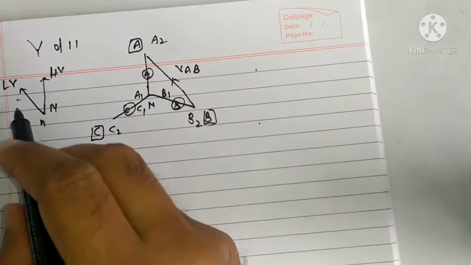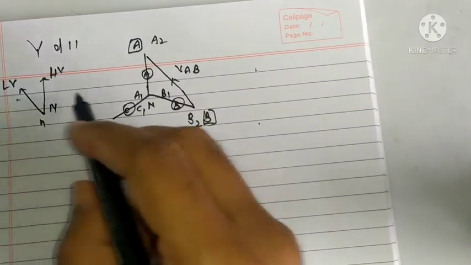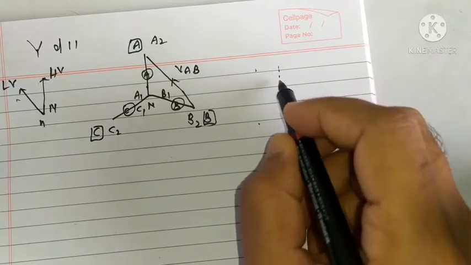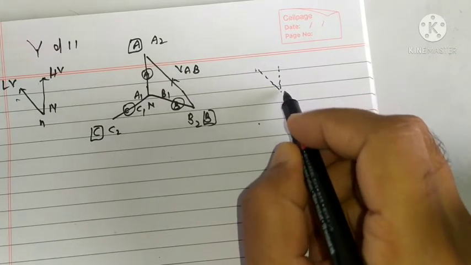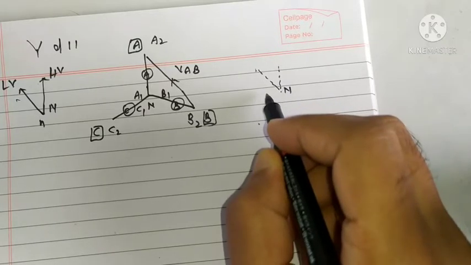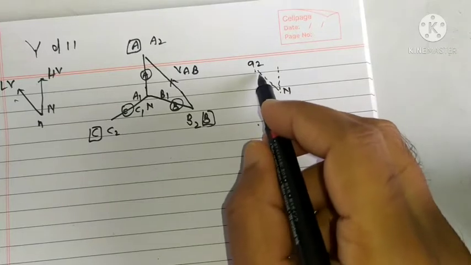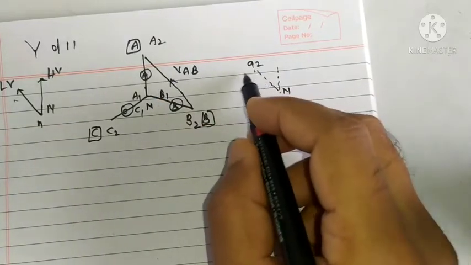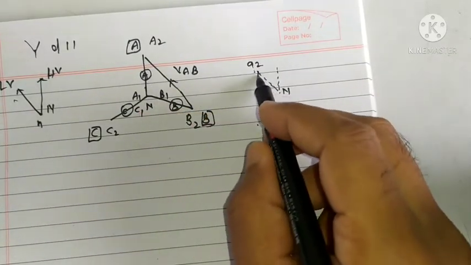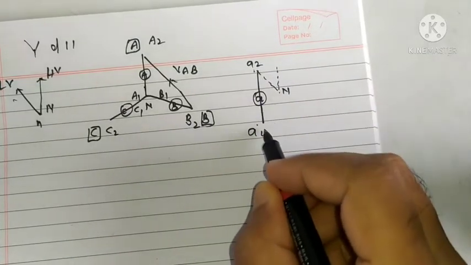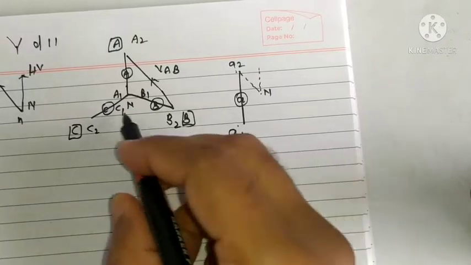And delta, as it is at 30 degree, from this fictitious neutral, this will be A2. From A2 I will go for A1. A2 A1 must be parallel to A arm, so it is drawn here.